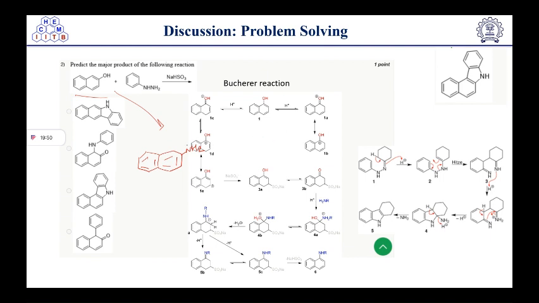So this nitrogen lone pair will attack on this one, and it will get knocked out.